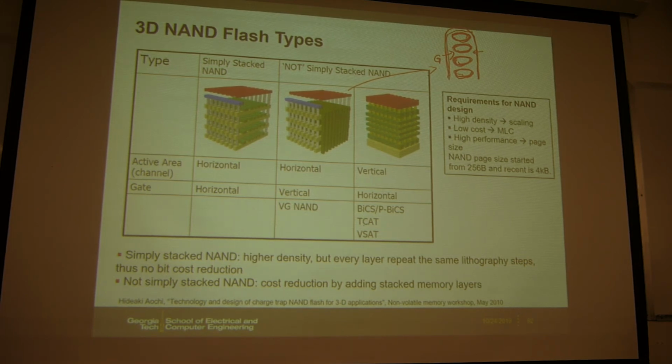So it's like there's a nanowire pillar, and this is a channel. And then the gate is surrounding the channel, each layer. So this is the vertical channel.